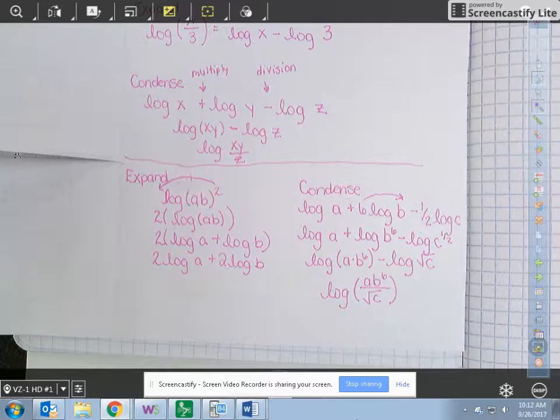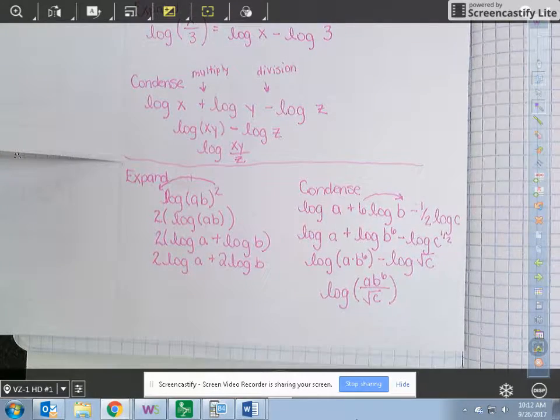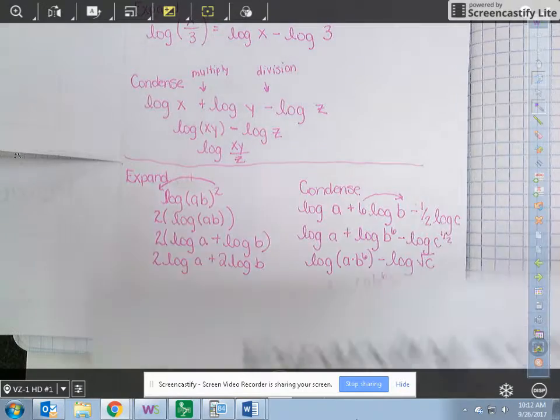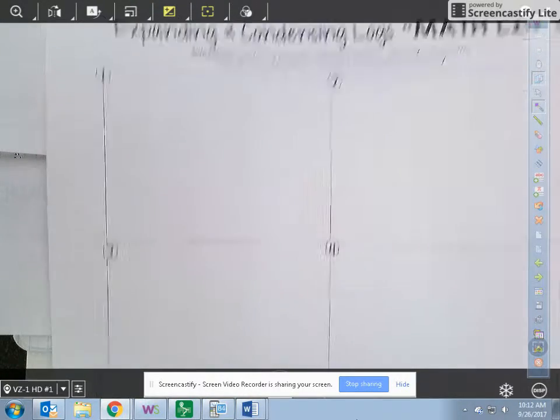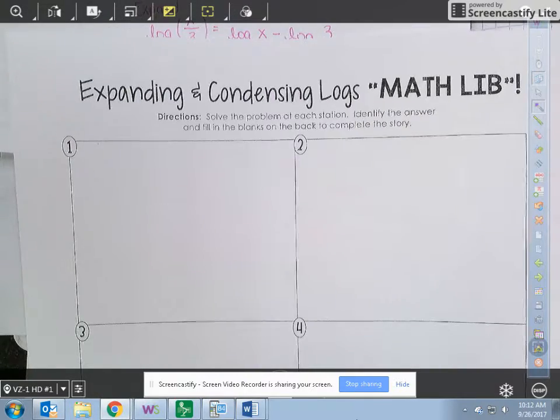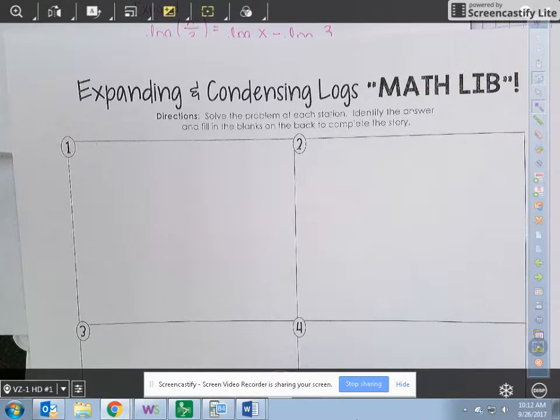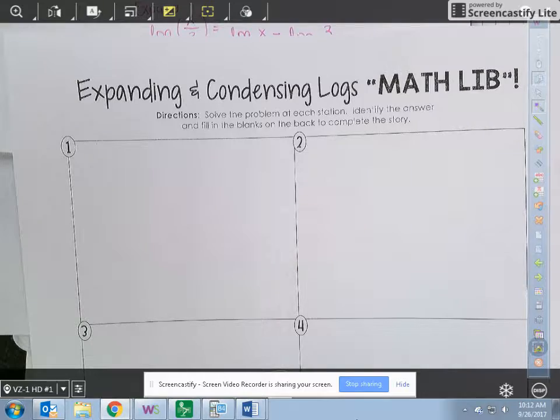All right, so next, you are going to practice by doing an around the room math lib. Here's what it looks like. You keep it on that screen in case it comes off. So this is to help before. Okay, looks like this. You will get this sheet. The green cards around the room go with the math lib. It is multiple choice.